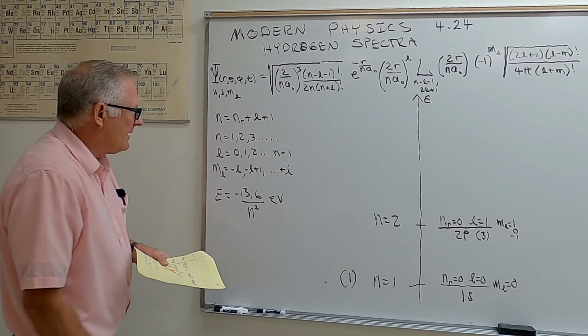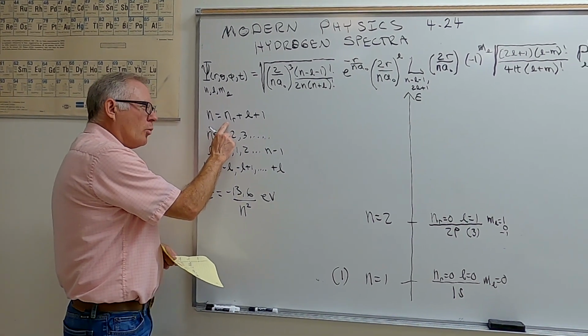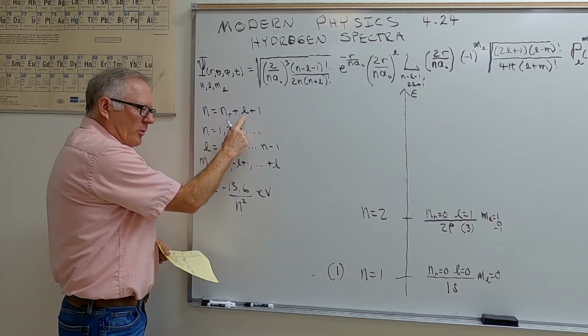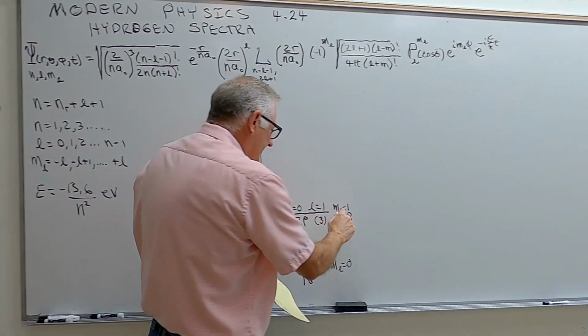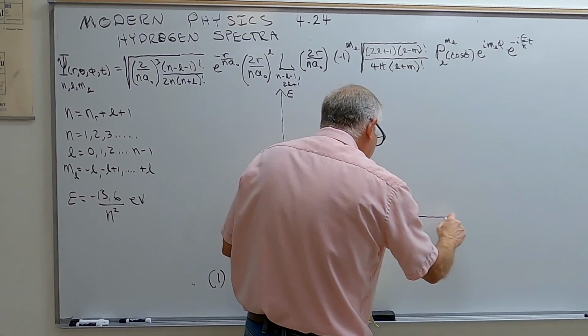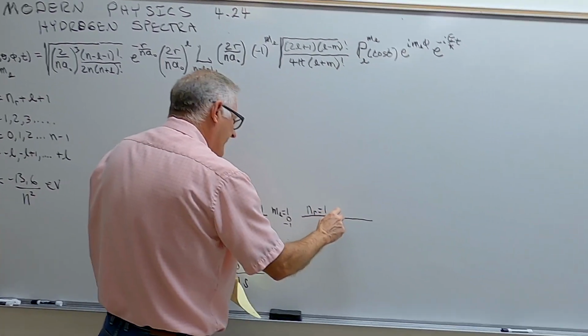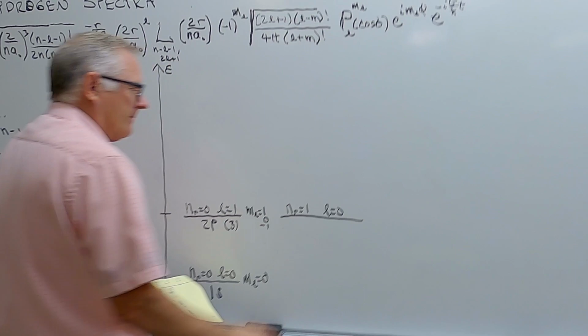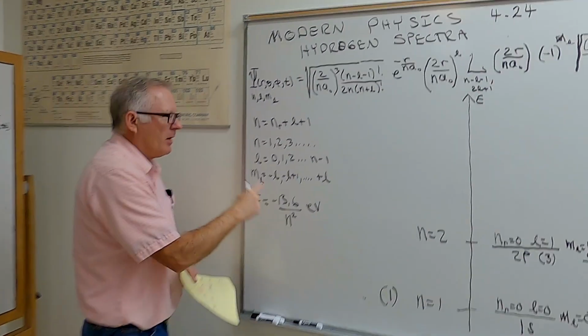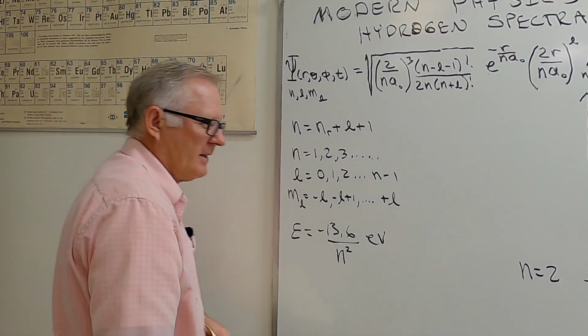But there's also another case. n sub r could equal 1, and then L would be 0. So let me put that still at the same energy. So that's over here. That's at n sub r equal to 1, and L is equal to 0. So all I did was make this one bigger and that one smaller, but n is still 2 right here.